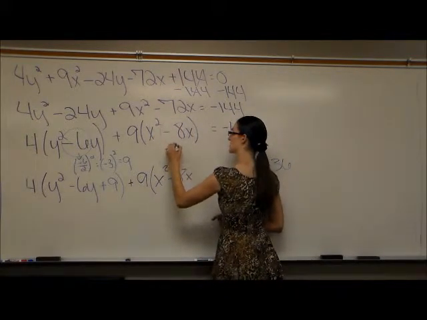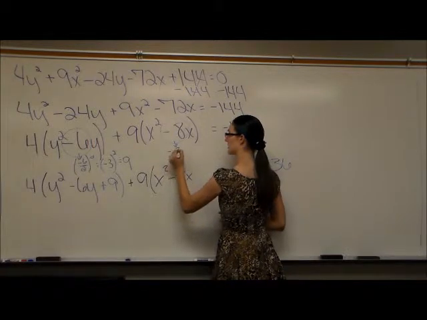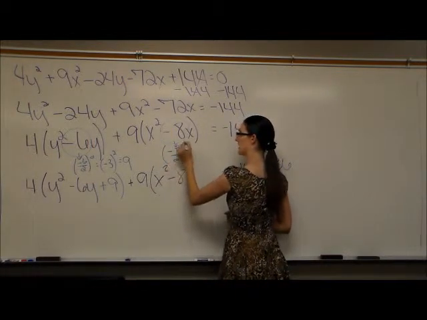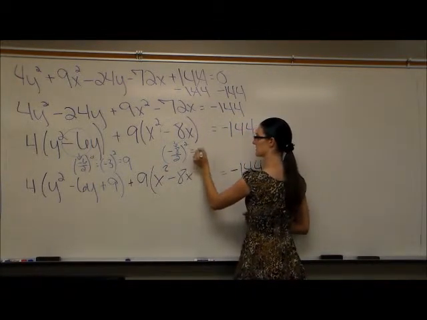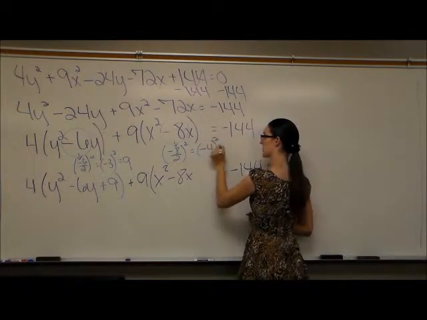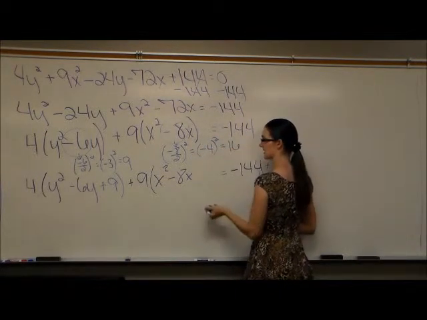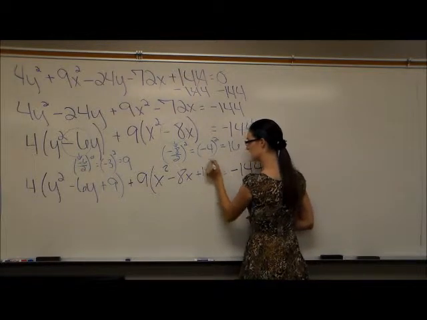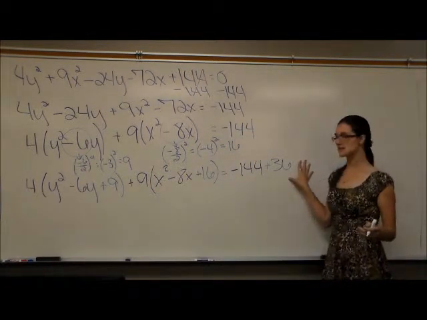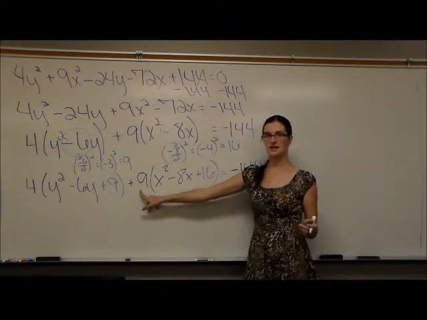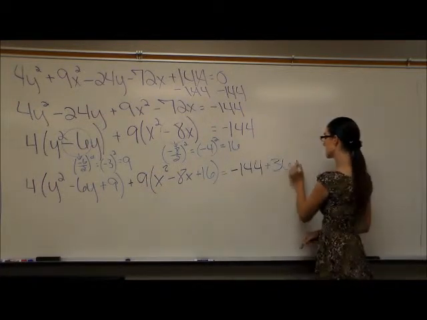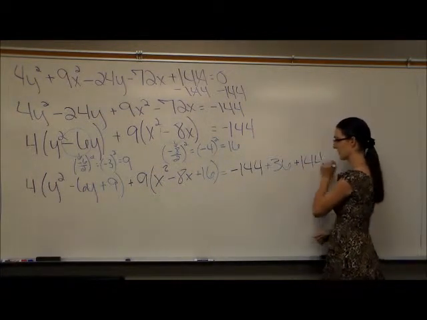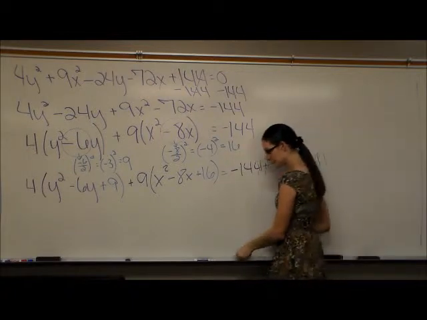Take your coefficient of the regular term, divide it by 2, and square it. Gives us negative 4 squared, which gives us positive 16. Add 16, but you can't add 16 over here because it's still being multiplied by 9. So 9 times 16, you're going to add the 144 to get that.